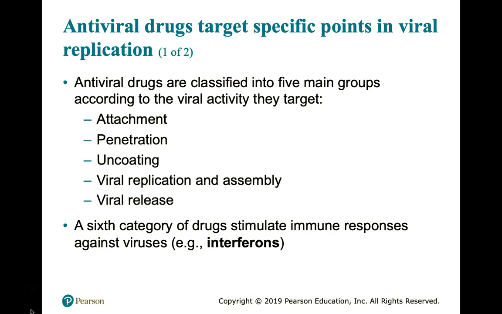Targets for viral replication. We haven't really talked about viruses too much in this class, and we haven't really mentioned viral replication at all, which is fine. I don't expect you to know this slide. I just want to show you that antivirals are classified by the activity: attachment, penetration, uncoating, replication, and then release.